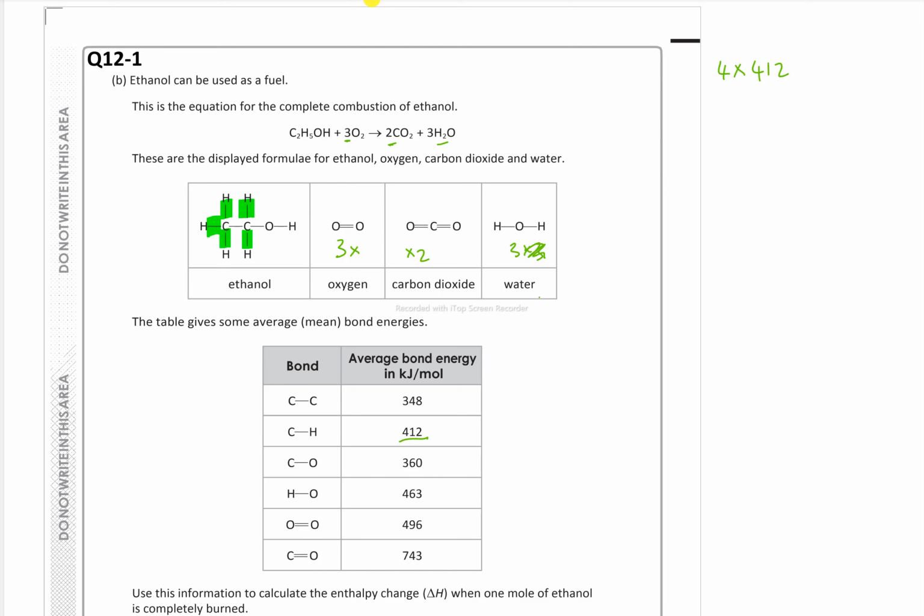Then we're going to add oxygen, hydrogen. 1 oxygen, hydrogen is that one. 1 times 463. Then we're going to add a carbon, oxygen, which is 360. Then we're going to finish off with carbon, carbon. 1 times carbon, carbon is 348.